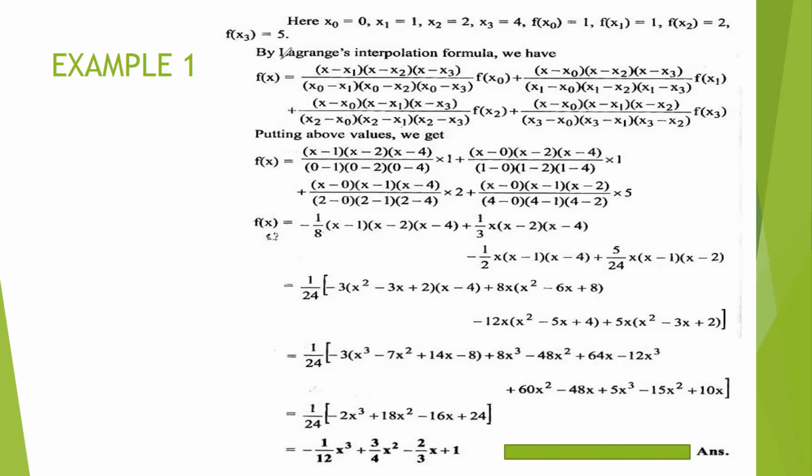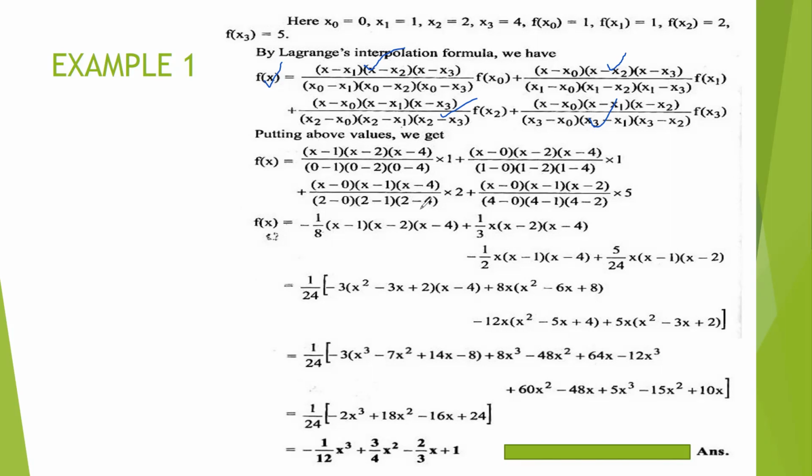Here they did not ask us to calculate any value like f of 4, f of 3, or f of 1.5, so x should directly remain as x. Since we have 4 values x0, x1, x2, x3, we need to consider 4 terms in Lagrange's interpolation formula: 1, 2, 3, 4 terms. Later, x should remain as x, and all remaining values should be substituted.